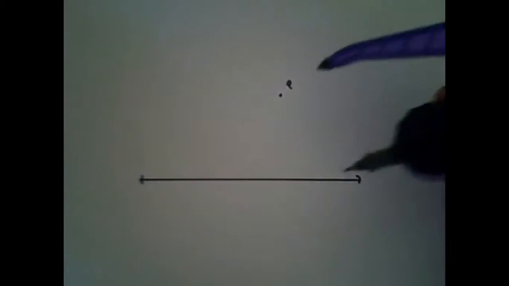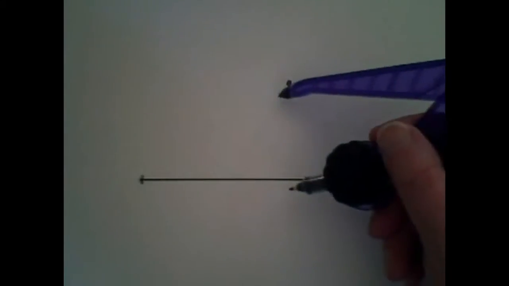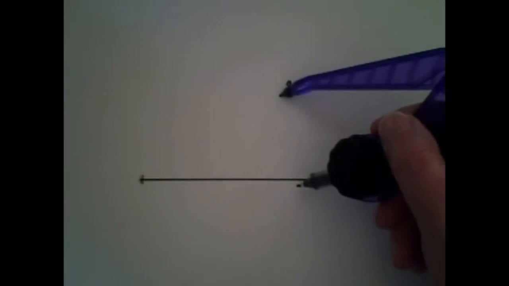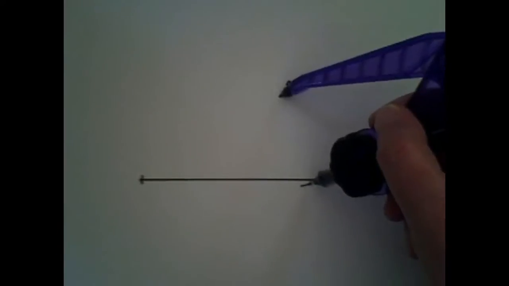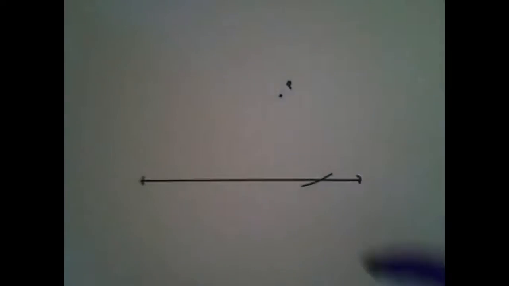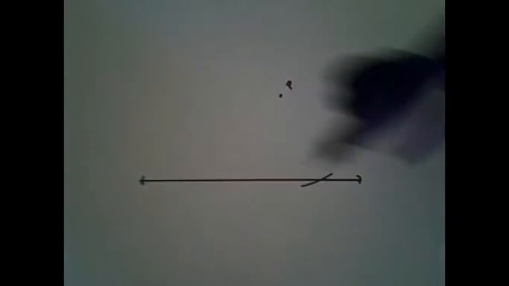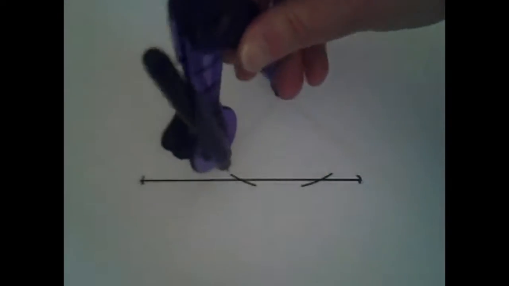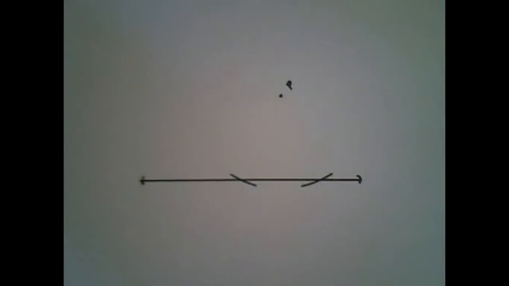So what I want to do is make my compass long enough so that it reaches down to the line, and actually reaches down a little past the line, because what I'm going to have to do is make an arc on one side and then the other side, and those arcs have to intersect the line that I would like to be perpendicular to.